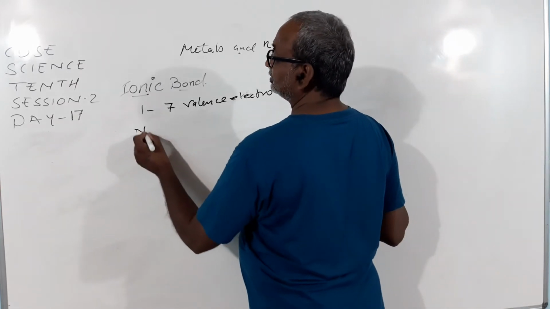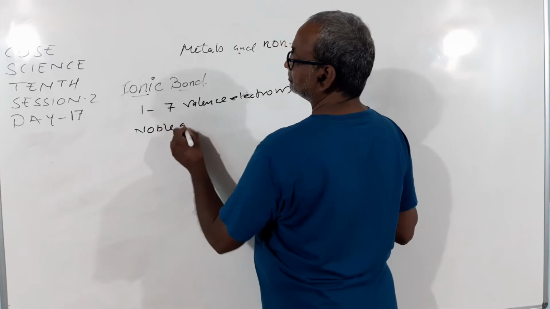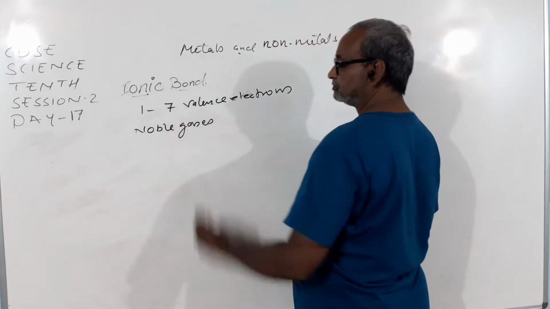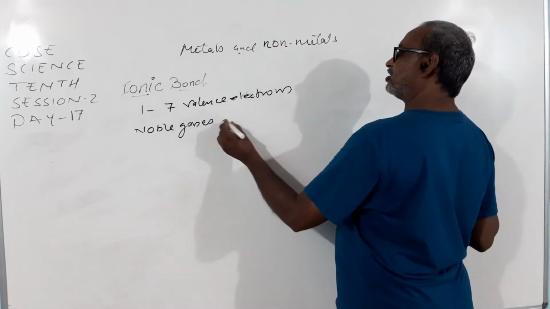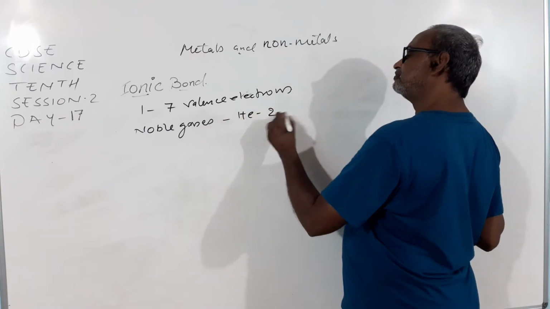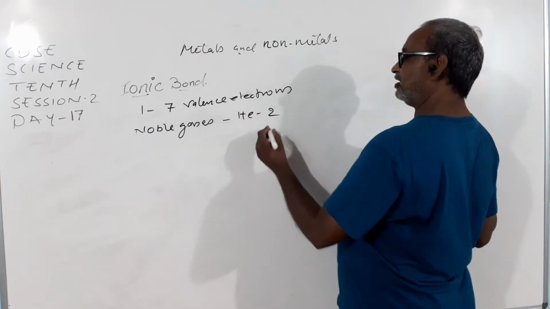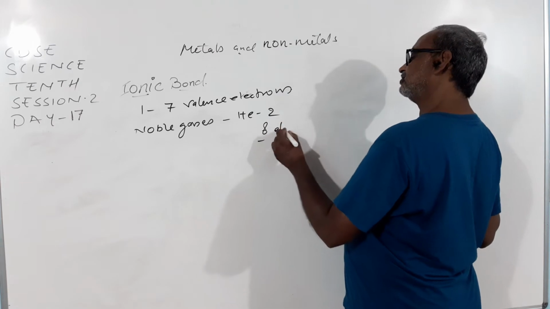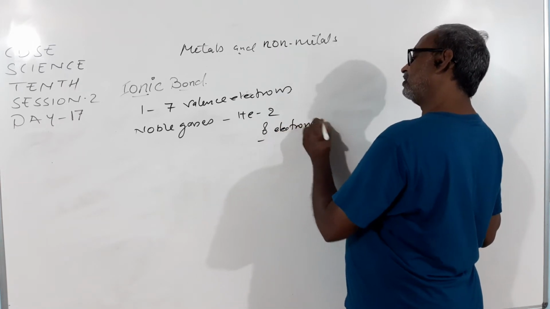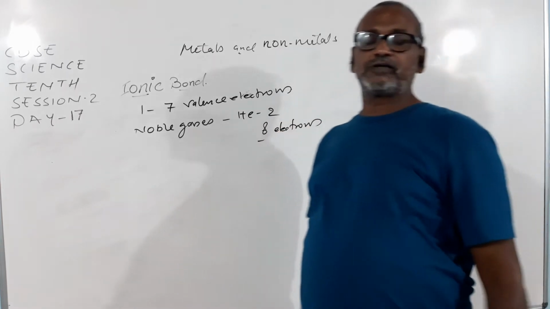Noble gases, with an exception of helium, have 8 electrons in their outermost orbit.